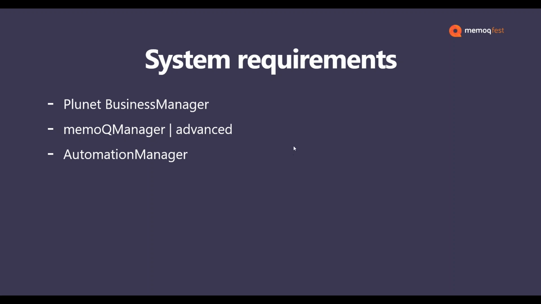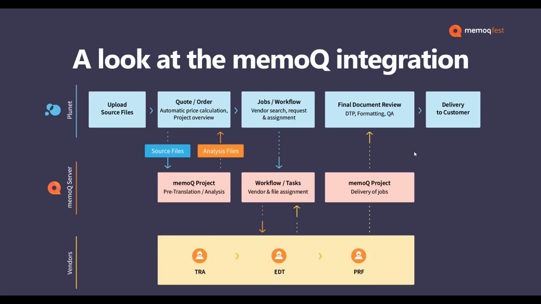The memoQ dynamic integration is already very powerful in itself when it comes to removing manual tasks, but when it is combined with a dedicated process automation module, you can reach a really high degree of automation.